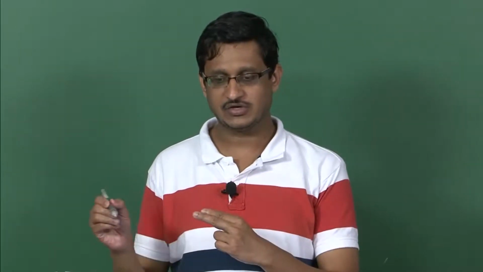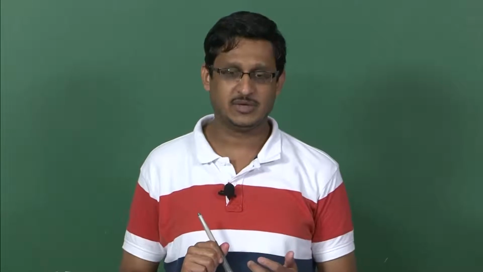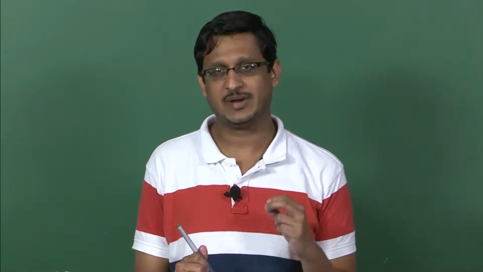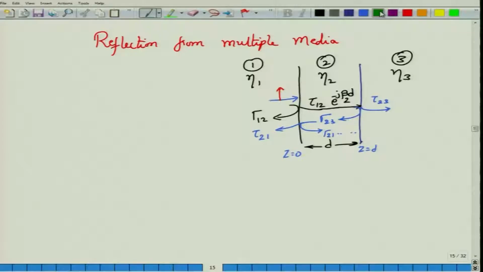Similarly, if you want to find the total transmitted field, you have to sum all the partial waves that go into the third medium. Now, you can do that and develop what is called a power series approach for this problem, but remembering the ideas from transmission line theory, we can solve this problem with much simplicity.